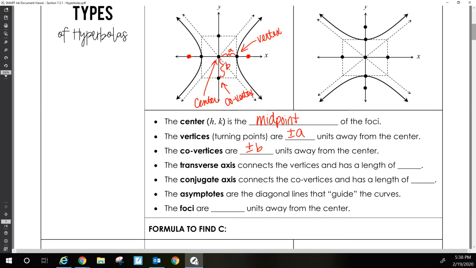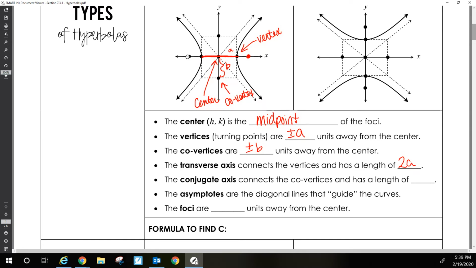All right, and then we have two axes in hyperbolas. The transverse axis connects the vertices and has a length of 2a. In other words, a plus a gives me my transverse axis. It's just this piece here between the two parts of my hyperbola.